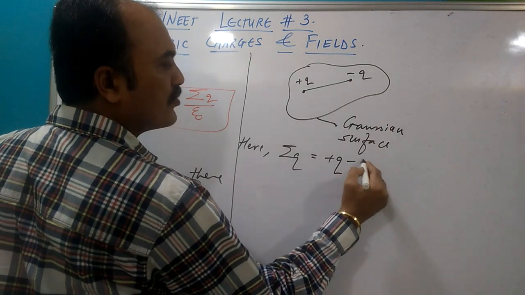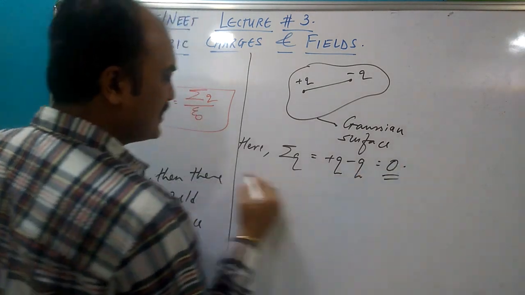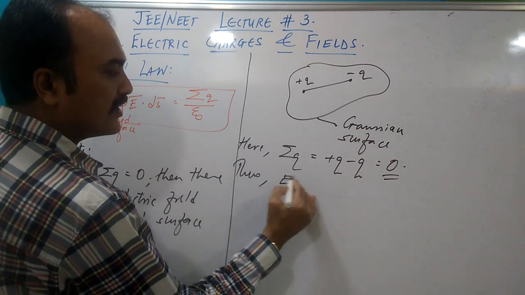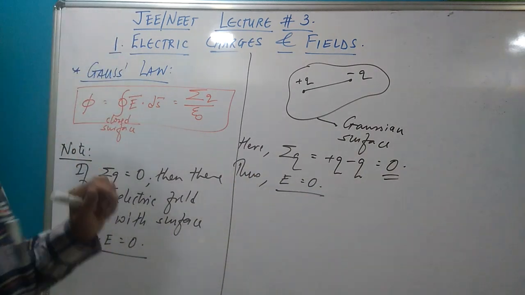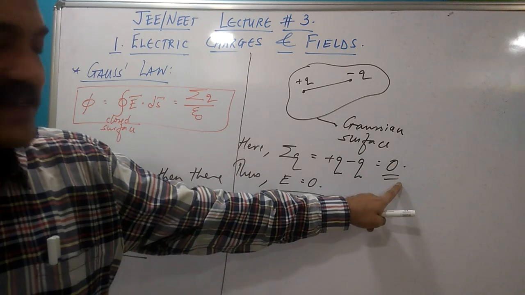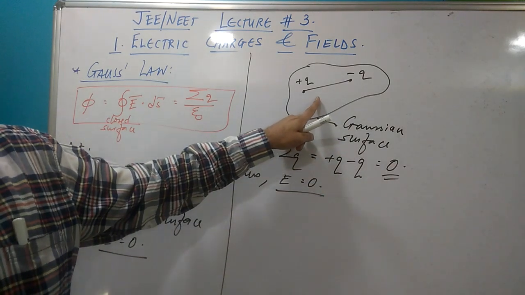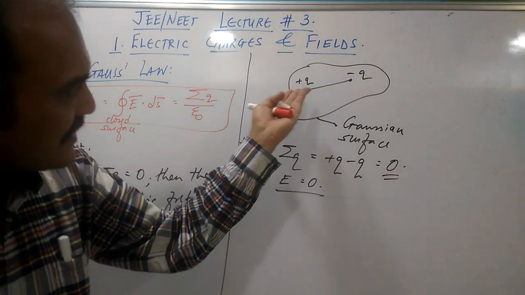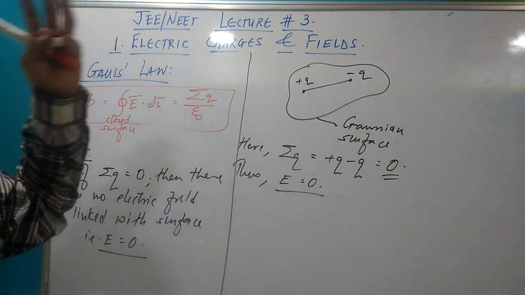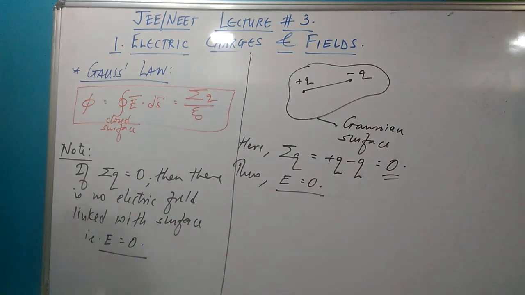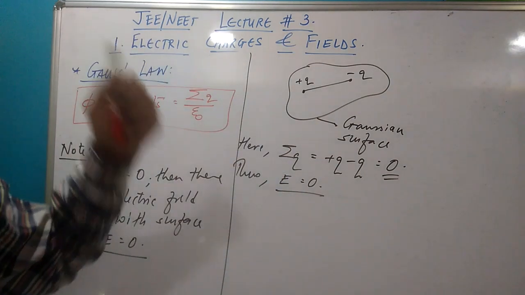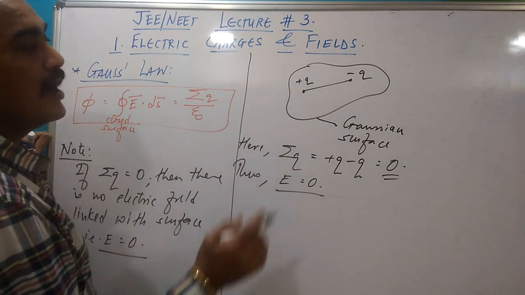It would be plus q minus q, which would be 0. So the electric field will also be 0. But this being 0 does not in any way mean that there is nothing inside the Gaussian surface. You can see there is a dipole inside the Gaussian surface. There are charges inside the Gaussian surface. So this is the idea.